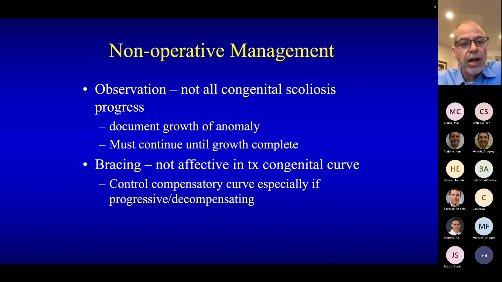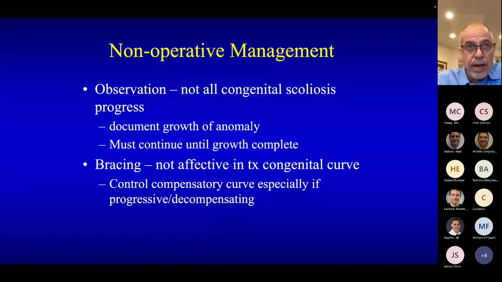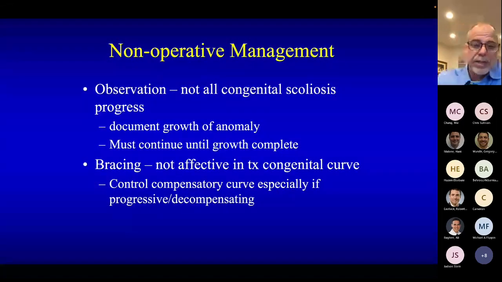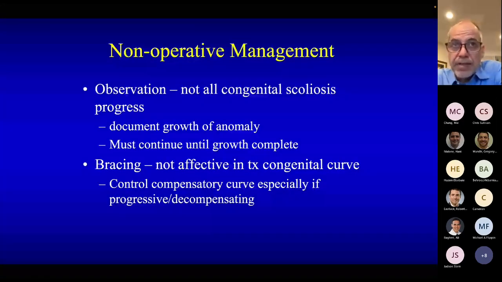Again, I mentioned you learn a lot, but I don't want to suggest that observation is benign in congenital scoliosis as well. We won't have a ton of time to go into indications for surgery and the types of surgeries because of time constraints.